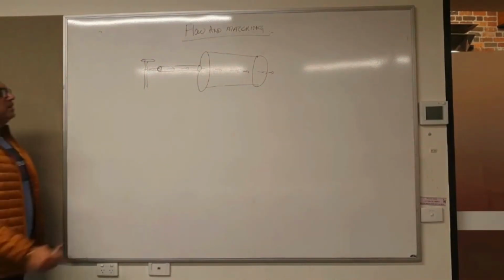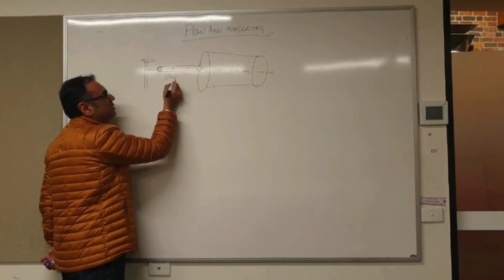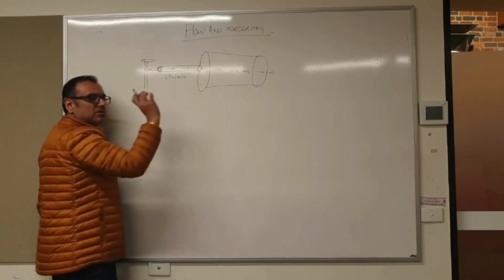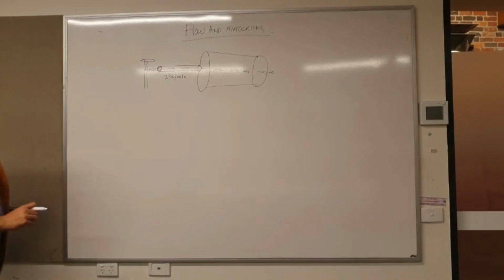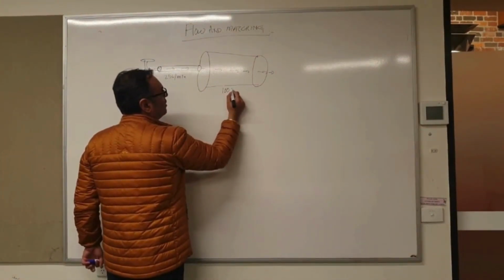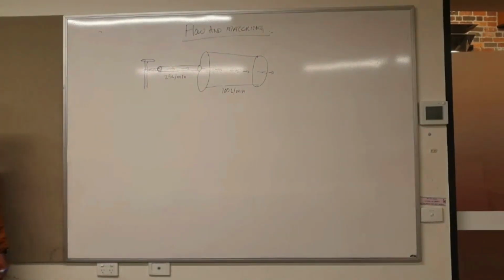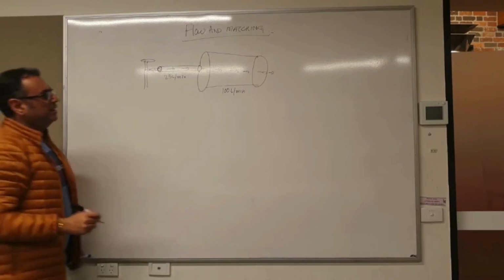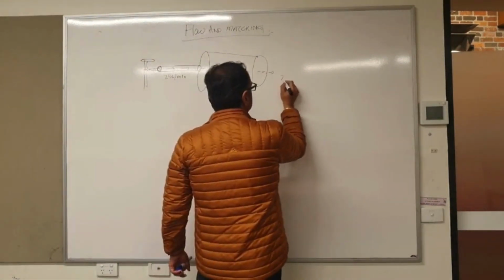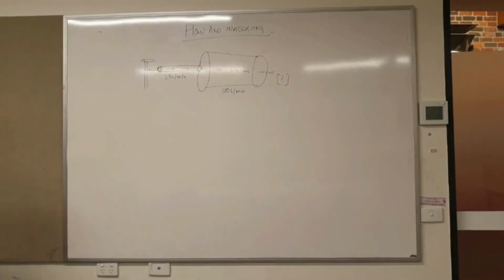Right? Now let's say the capacity of this hose is 25 liters per minute. It's a small hose. And this bigger hose has 100 liters per minute. Tell me, how much should I expect here? How many liters should I expect here? 125.